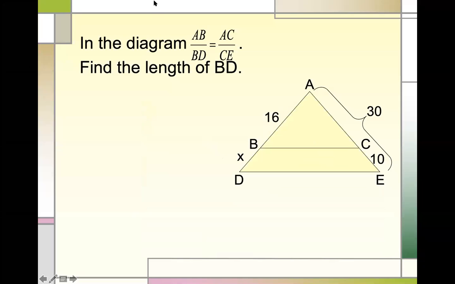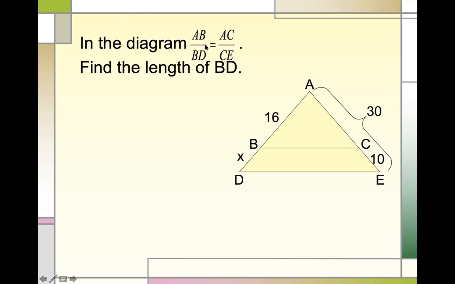So we have the information telling us that AB over BD is equal to AC over CE. We need to find the length of BD. All right. So we can set up our proportion. It's already set up.